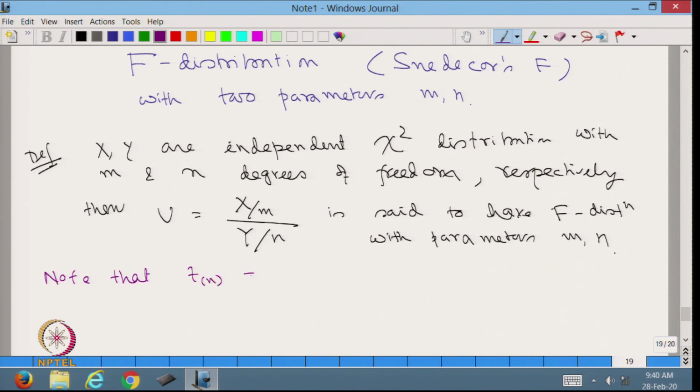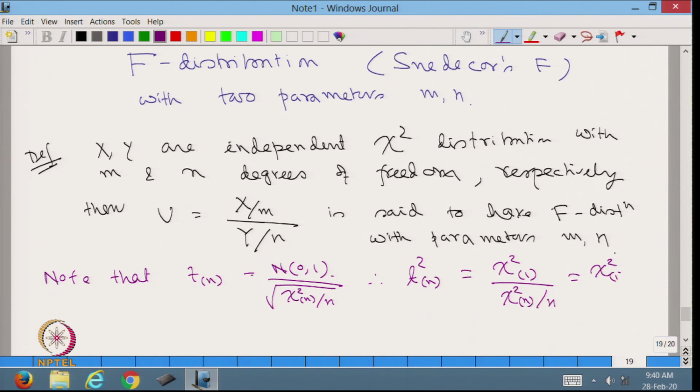Note that Tn is equal to normal 0,1 upon square root of chi-square n by n. Therefore, T squared n is equal to chi-square 1, because we know normal 0,1 squared is equal to chi-square 1, divided by chi-square n upon n, which is chi-square 1 by 1 divided by chi-square n by n.